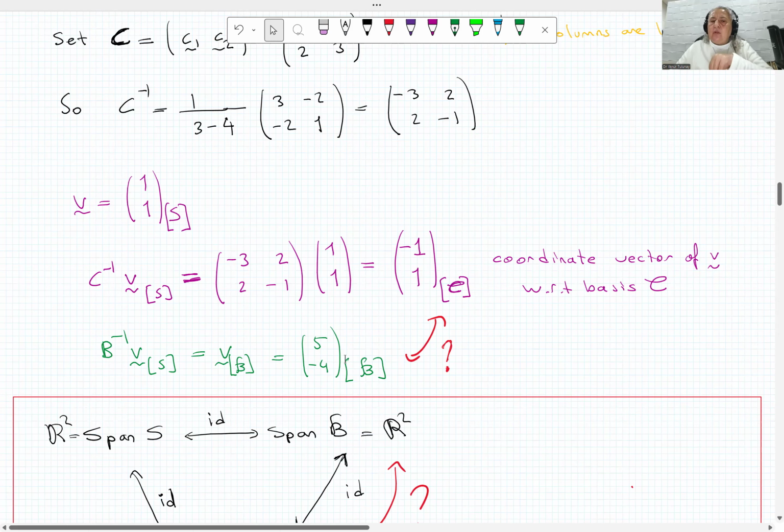How can we move between coordinate vectors with respect to bases which are not standard bases? That's what we would like to do. We would like to find a formula that will allow us to move from the coordinate vector with respect to C to the coordinate vector with respect to B, and vice versa.